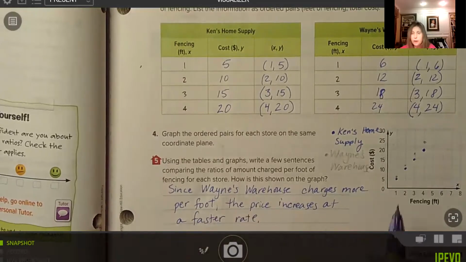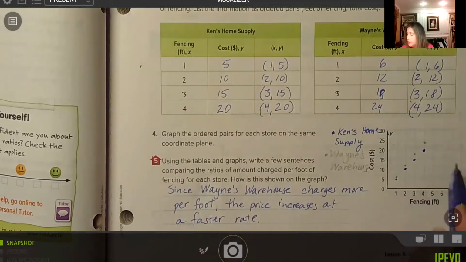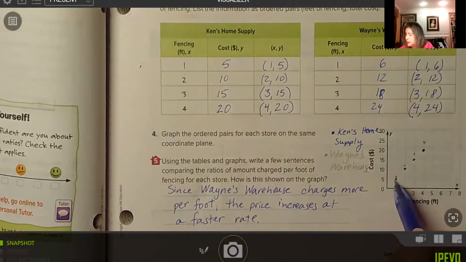And if you look at the graph, you'll see in the graph too that Wayne, which has the points written in pencil, has a steeper increase than Ken's, which has the blue points. Let's go ahead and turn to page 51.